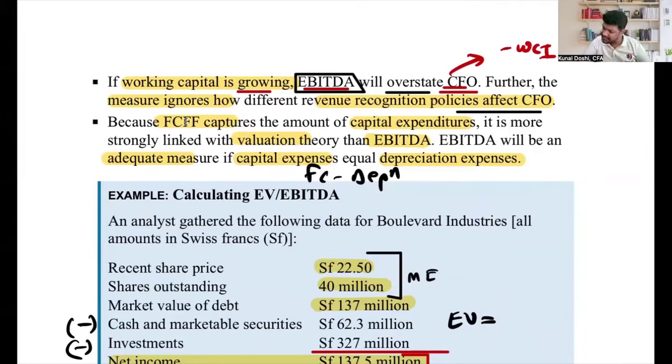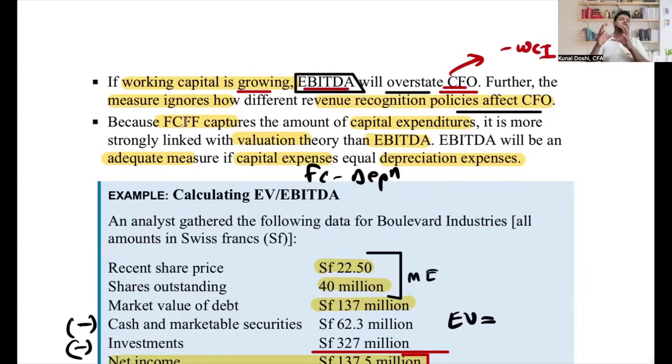Remember EBITDA is earnings before interest, depreciation, amortization, and tax, so the depreciation and amortization add-backs will be higher, and in those cases the EBITDA will be relatively higher. Correct? All of this will actually put pressure on the cash flows.